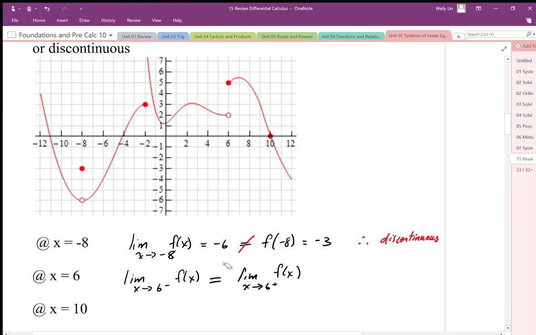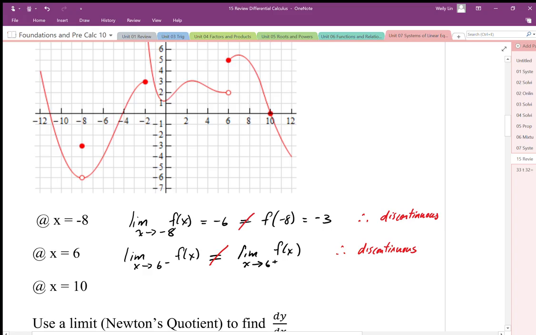Because it's not equal, we can conclude it is discontinuous. This one was different in that the limit did exist. This one doesn't even pass that first test of even having a limit.